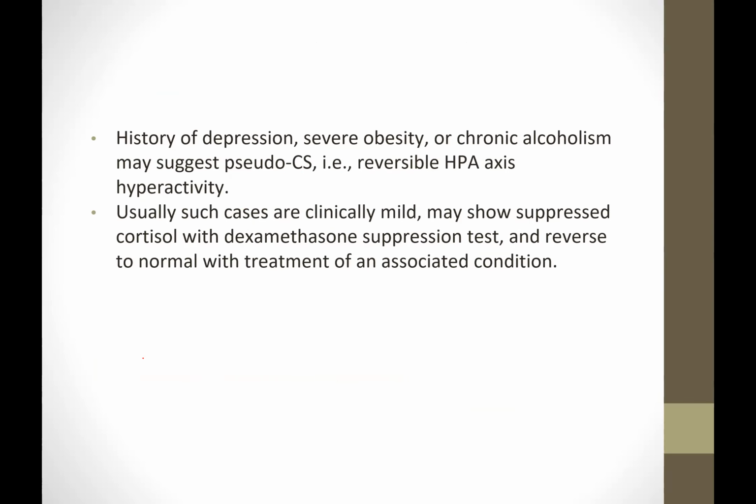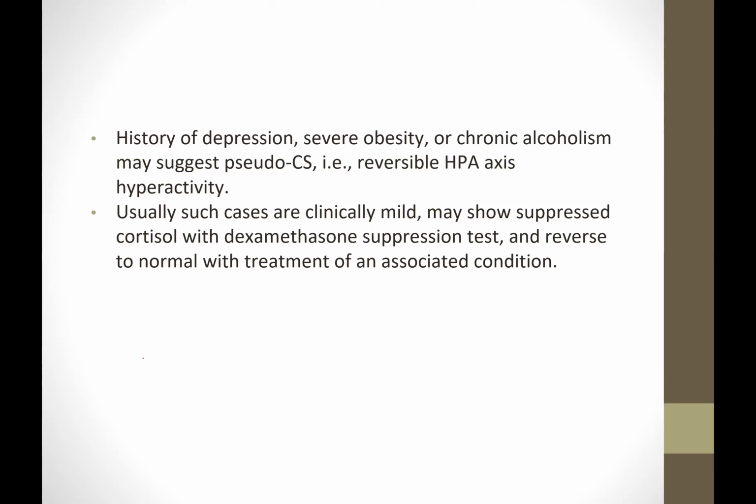Okay. History of depression, severe obesity, or chronic alcoholism may suggest pseudo-Cushing syndrome. That is, it has reversible hypothalamic pituitary adrenal axis hyperactivity. Usually, such cases are clinically mild, may show suppressed cortisol with dexamethasone suppression test, and reverse to normal with treatment of an associated condition.